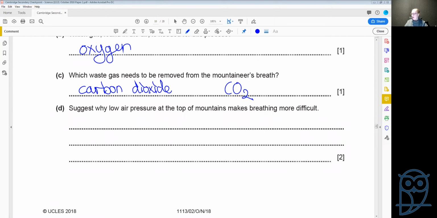So other mountains that you will need breathing apparatuses for is places like Kilimanjaro. There's a few mountains in, what's the name of that mountain range? It's okay. So only if a mountain is very high, where the air actually starts thinning out beyond the point where it's easy to breathe, that you will need a breathing apparatus.